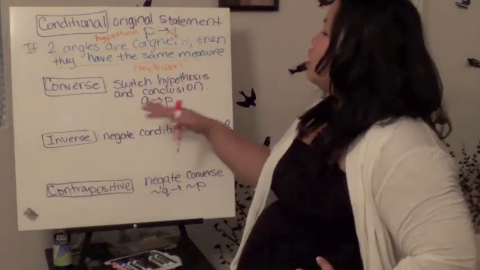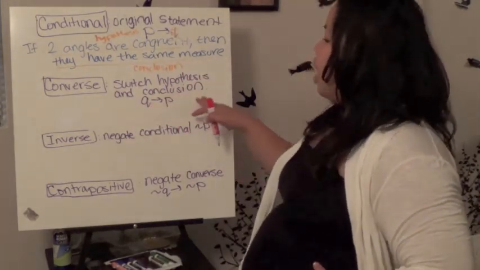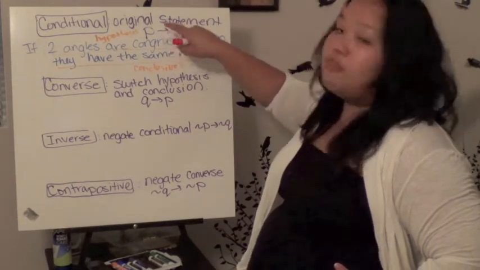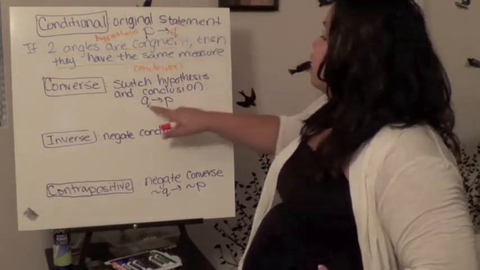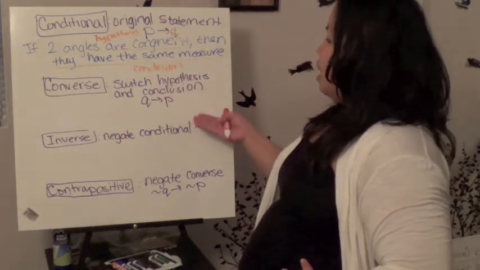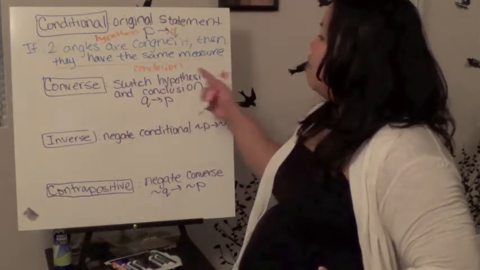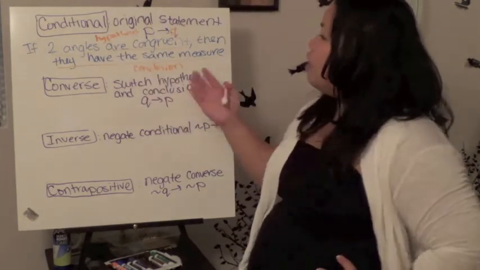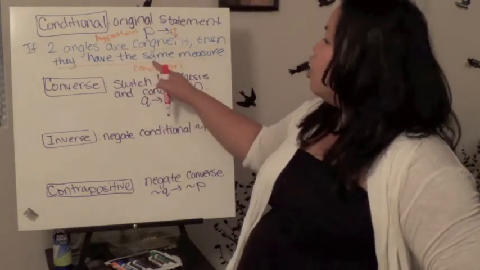The converse is basically we're going to switch the hypothesis and the conclusion. So in this one I originally have P then Q, and this one I have Q then P. So I'm going to take my hypothesis right here and then my conclusion, and I'm going to flip them. So this comes first and then this.